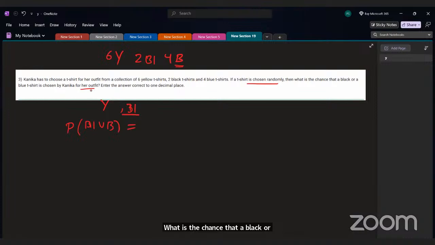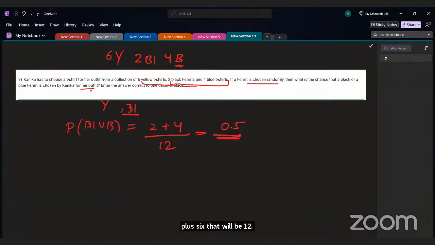So simply, how many black and blue shirts in total? We have got 2 black shirts and 4 blue shirts. 2 plus 4 by the total number of shirts, 6 plus 6, that will be 12. Simply 0.5 will be the probability. Everyone got this? Yes, sir, got it.